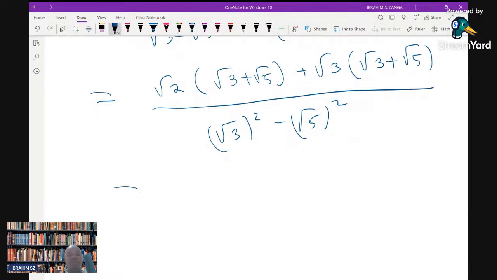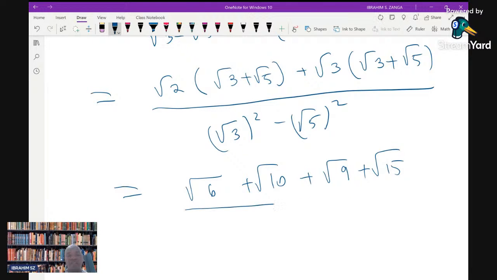We continue by simplifying. Now square root of 2 times 3 will be square root of 6, plus the square root of 10, plus square root of 9, plus the square root of 15, divided by 3 minus 5.